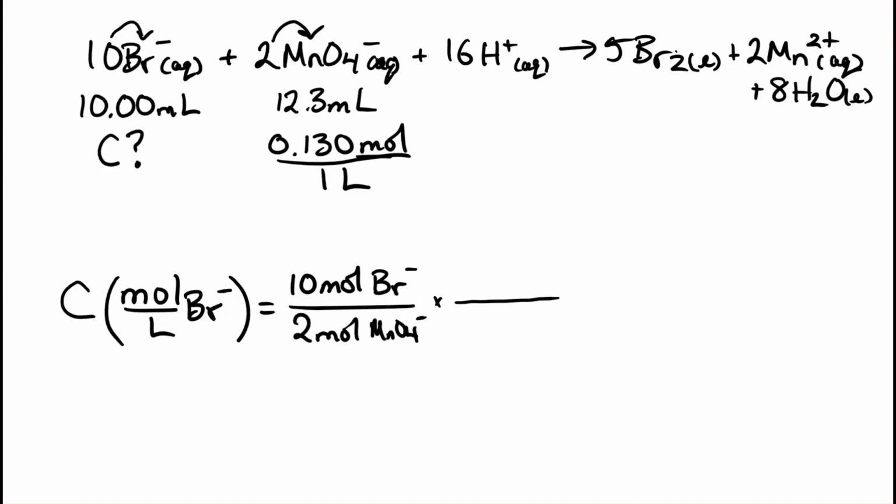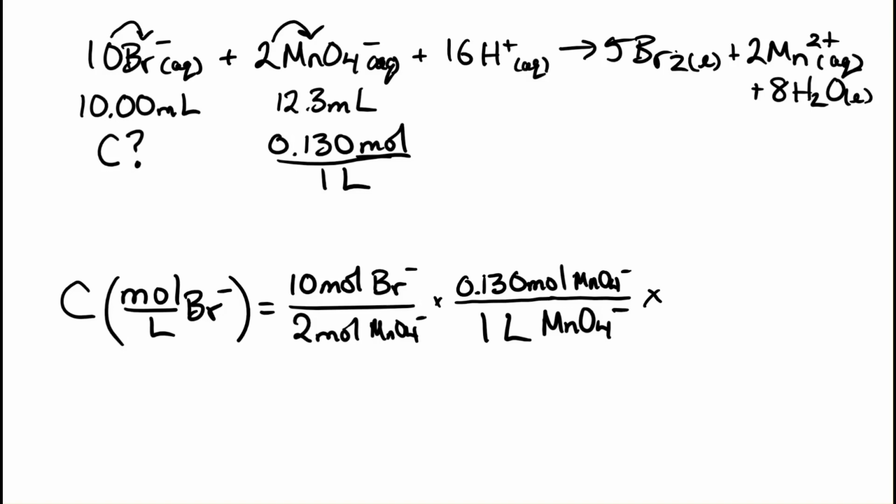So we're going to use the concentration. 0.130 moles of MnO4 minus over 1 liter of MnO4 minus. What this means is there are 0.130 moles of permanganate in every 1 liter of permanganate.